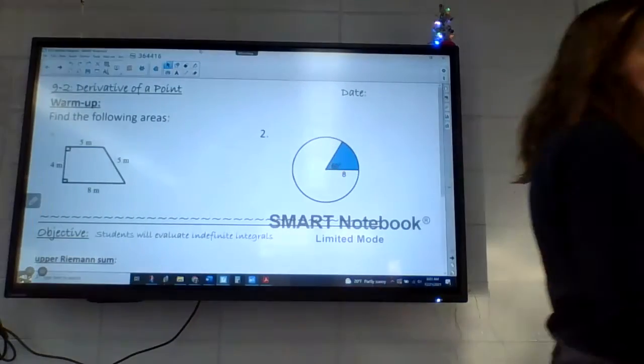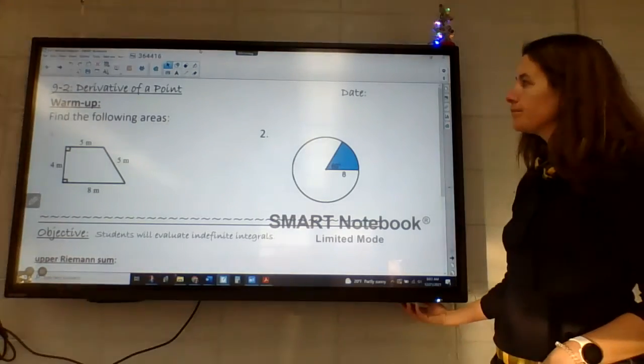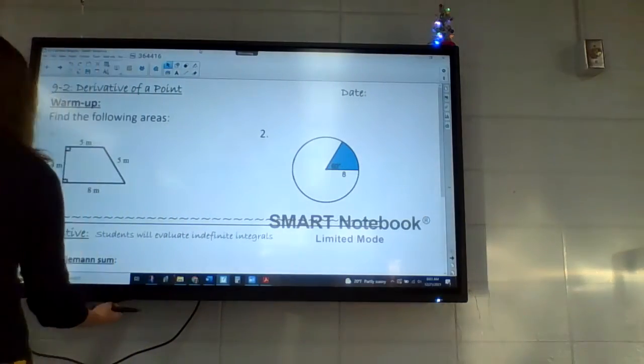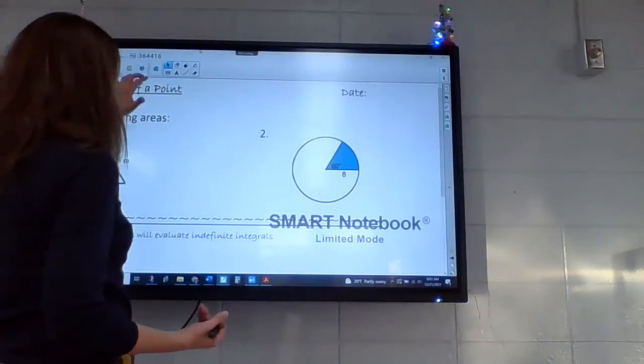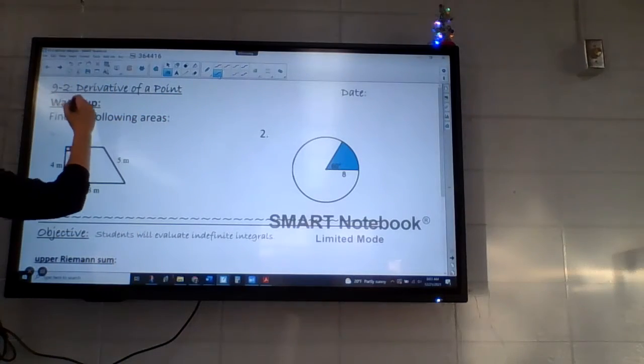Let's just do that. And if you can't read that, that's supposed to be a 60-degree angle in there. So we're gonna talk about a couple of different areas today as our warm-up. And this is intentional. Oh, I didn't change the title of the section.